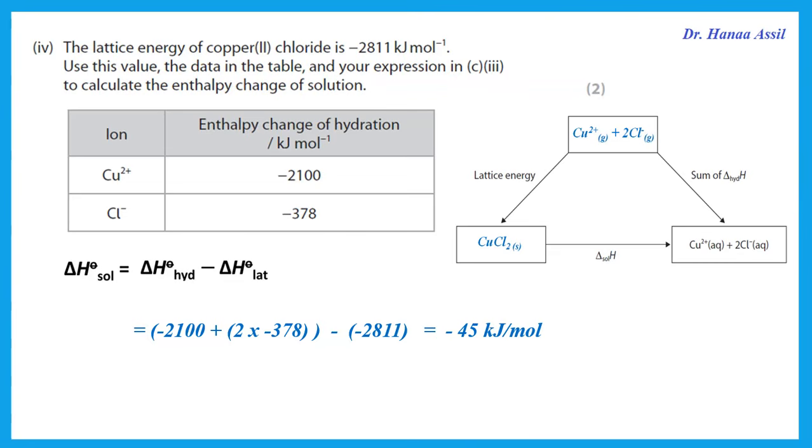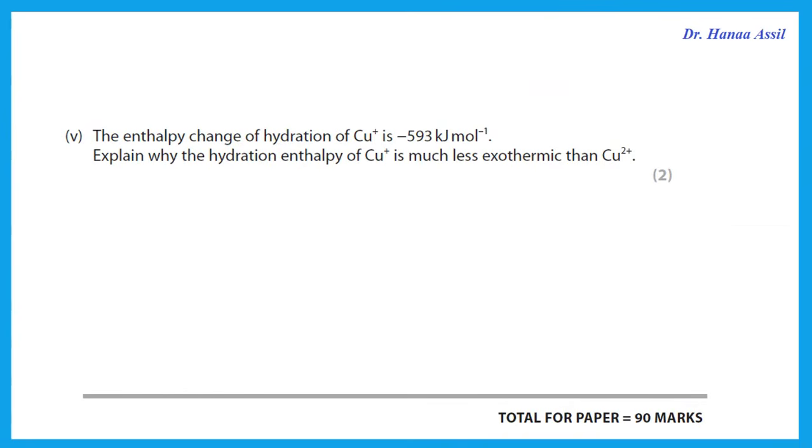Remember that we have 1 copper ion and 2 chloride ions, so you need to multiply the value for the chloride by 2, minus lattice energy, which is already a negative value, so minus a negative value would be positive, and the overall answer would be minus 45 kilojoules per mole.